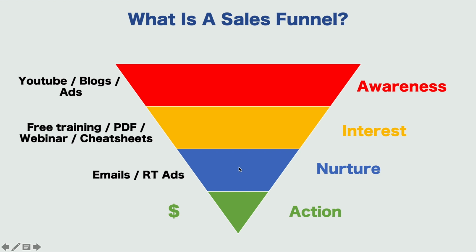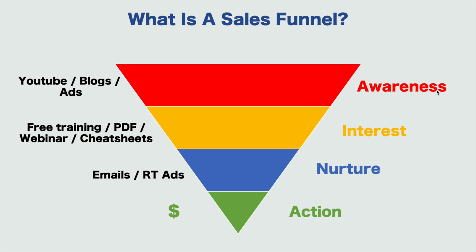Nurture, keep building the relationship, keep sending valuable emails related to the product or the service you want to promote, right? And once you do that, you're going to land on the last step, that is the action, for that person to take out his credit card and buy your service or your product. That is exactly how the sales funnel works.